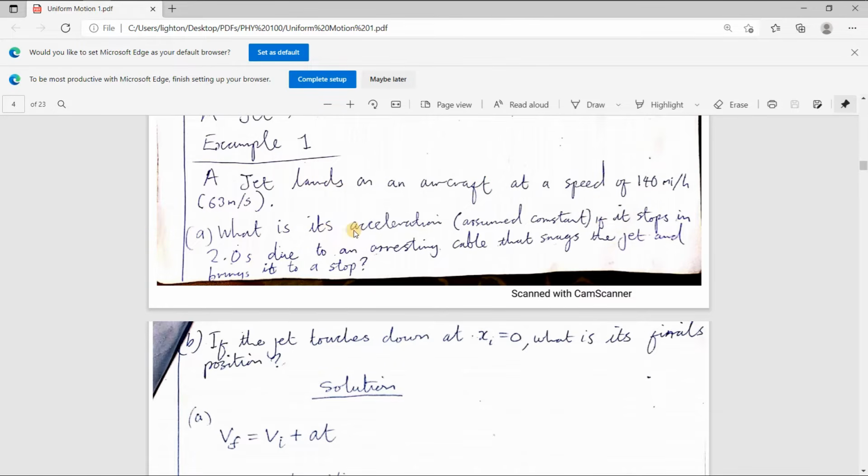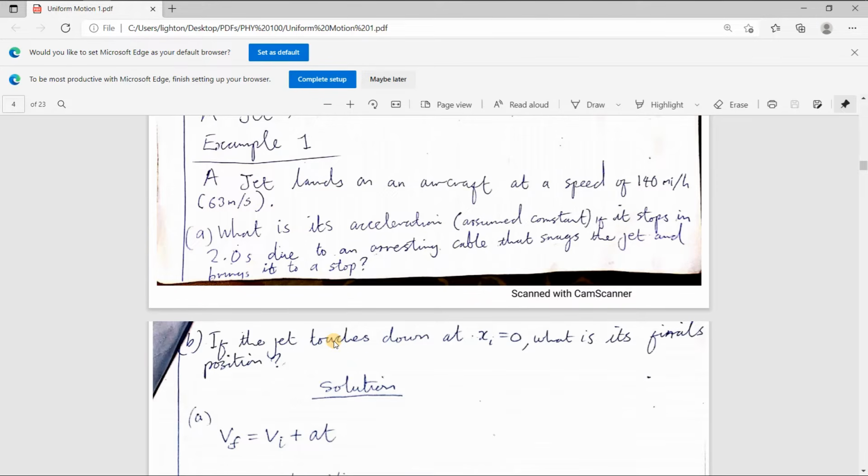What is its acceleration if it stops in 2 seconds due to an arresting cable that snags the jet and brings it to a stop?